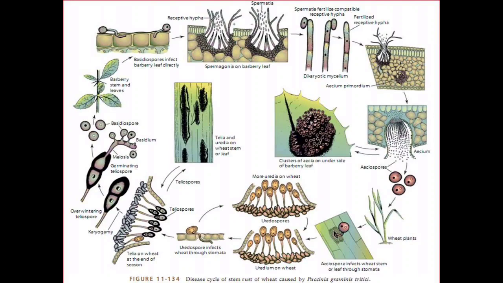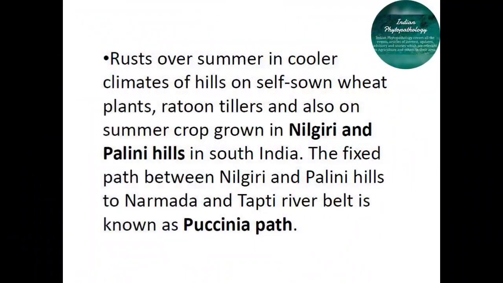This life cycle of wheat rust was first studied by Mehta from 1920 to 1950, and they studied the perpetuation of this rust in more detail. Rust oversummers in the cooler climates of the hills, on self-sown wheat plants, ratoon tillers, and also on summer crops grown in the Nilgiri and Palni hills in South India.